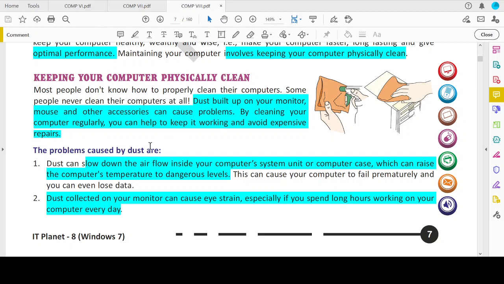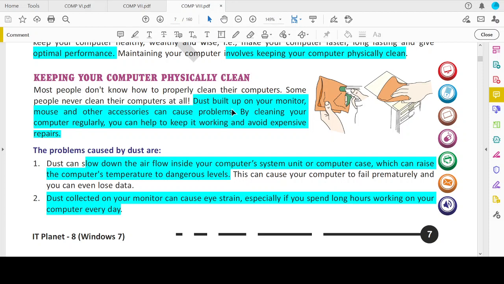So we should see that dust is not built up on the monitor, on the mouse, and it is not clogging the keyboards. We have to dust them regularly. If dust accumulates, what will happen?